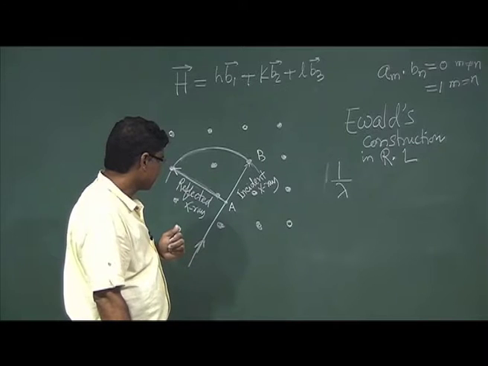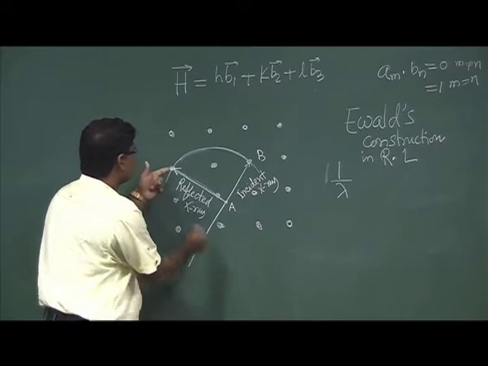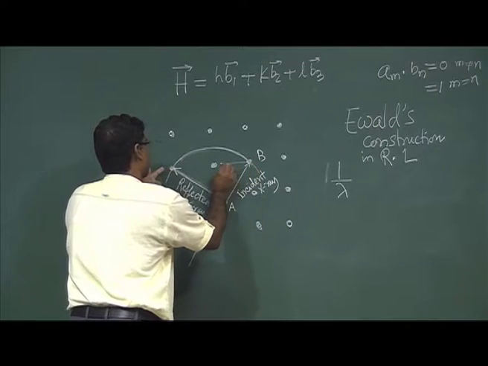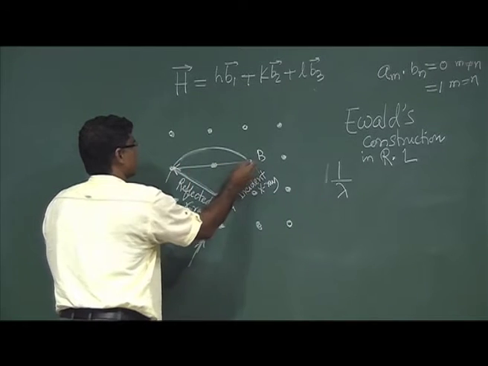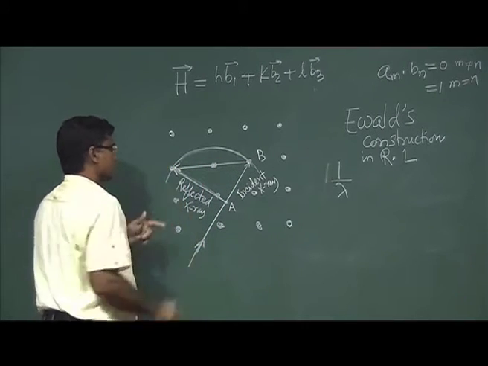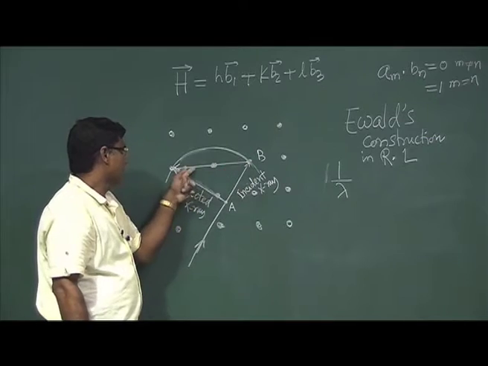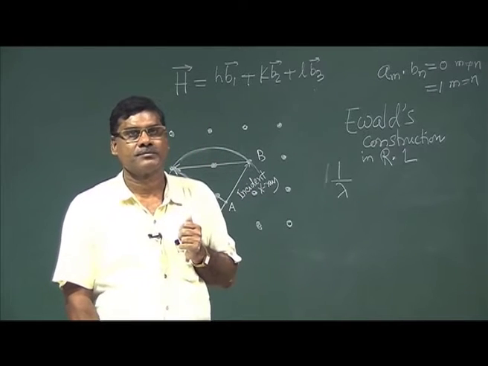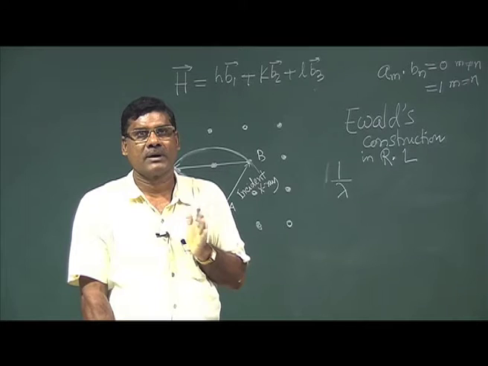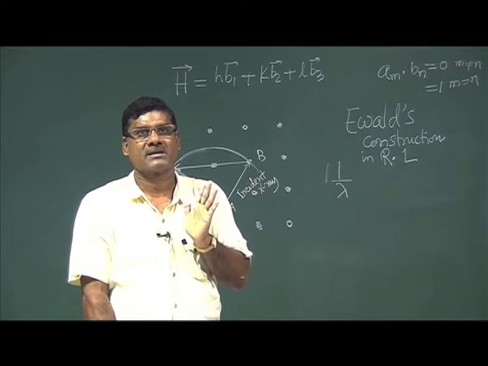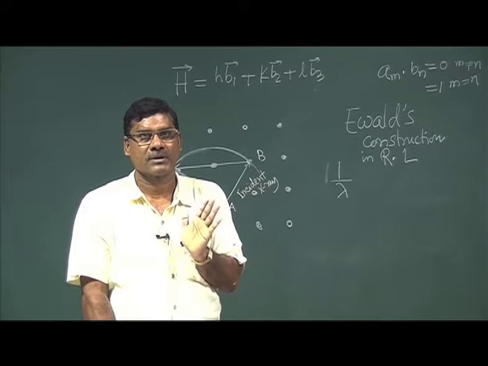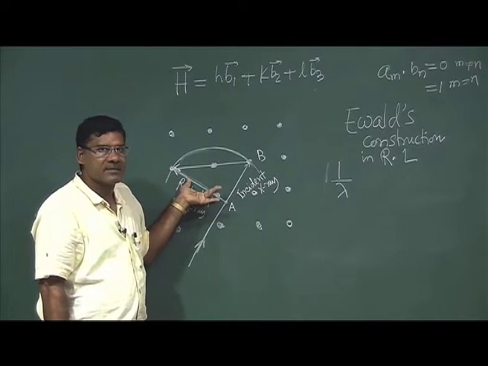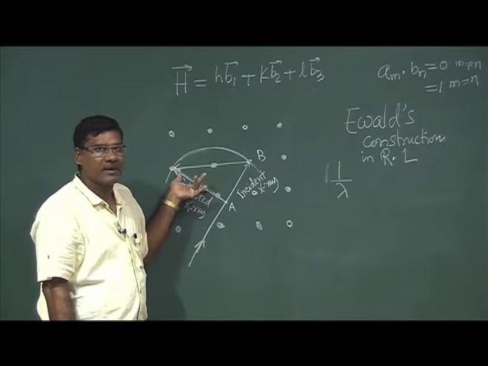Now if you join these two, it is telling that this will be the normal to the crystal planes from which the reflection occurred, from which this reflected ray came.